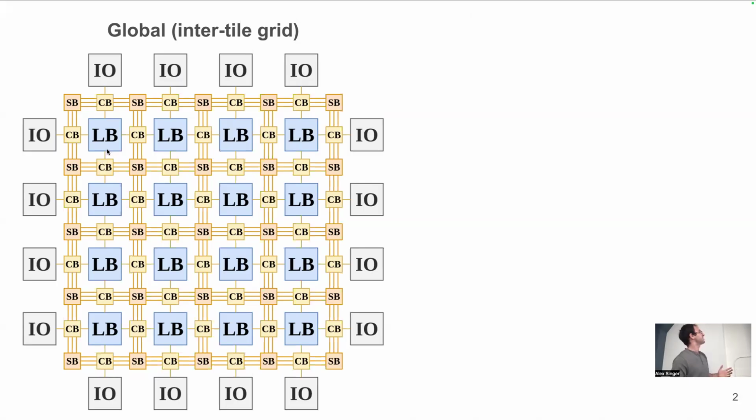Because it would be crazy if I connected every single output to every single channel. The channel width could be 100, and that's a lot of connections. So I want to keep that limited. What that FC tag is doing is it's telling VPR what's the percentage of connections from the output of my tile to the channel.